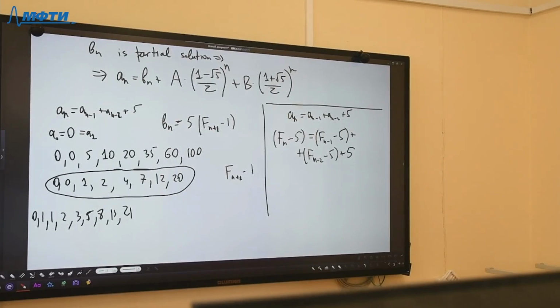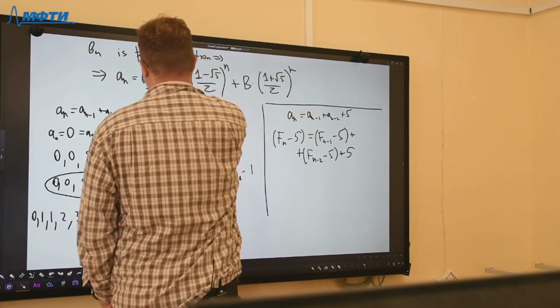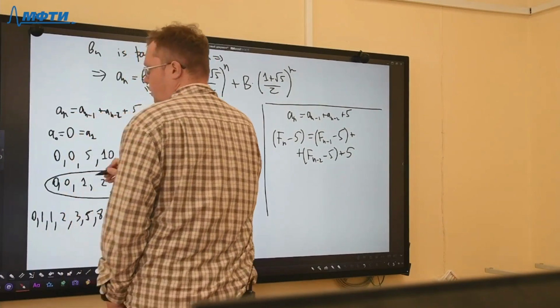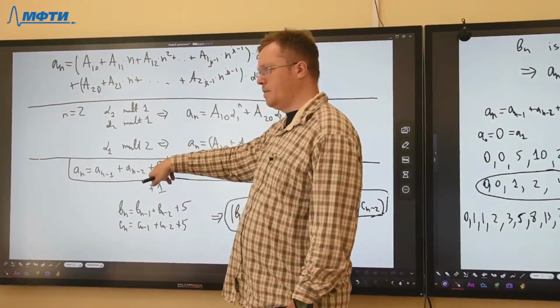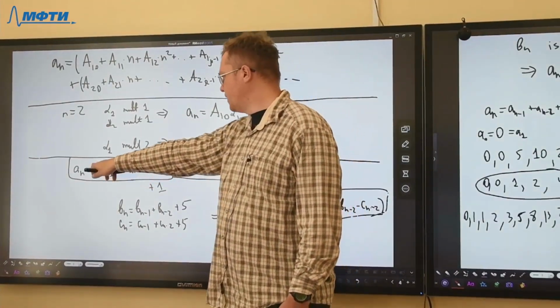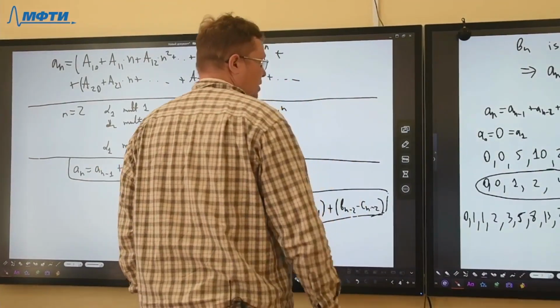And of course, I can just say that we can take Bn equal to minus 5, simply because minus 5 is minus 5 plus minus 5 plus 5. So we can find just the constant solution of this equation.